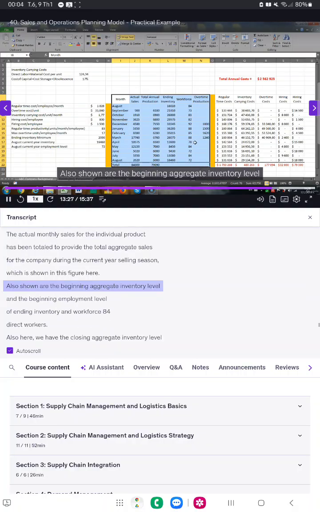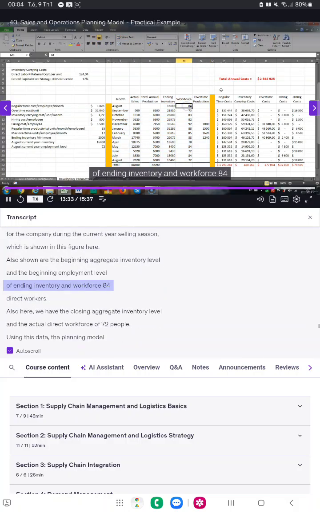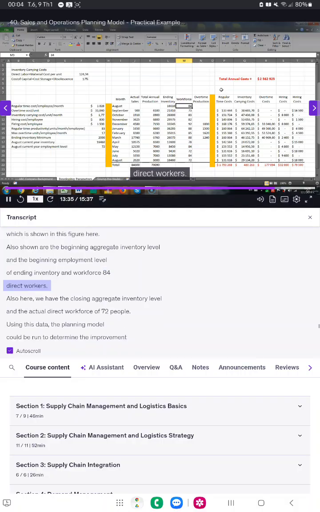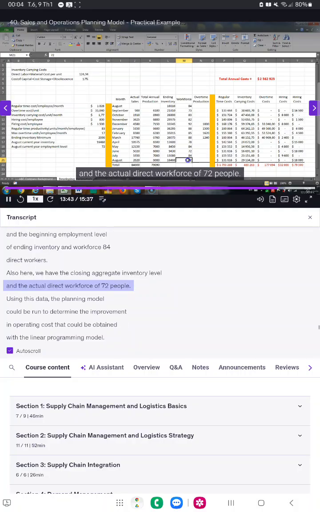Also shown are the beginning aggregate inventory level and the beginning employment level of direct workers. Also here we have the closing aggregate inventory level and the actual direct workforce of 72 people.